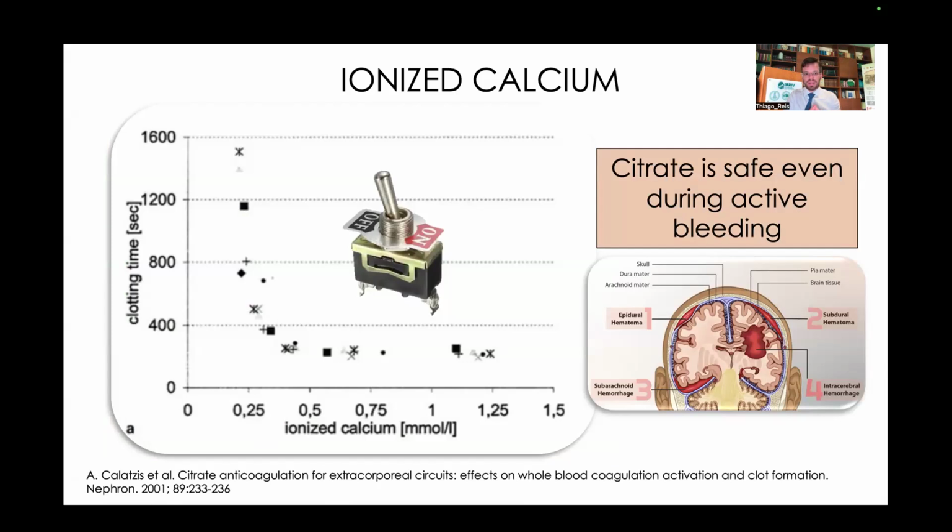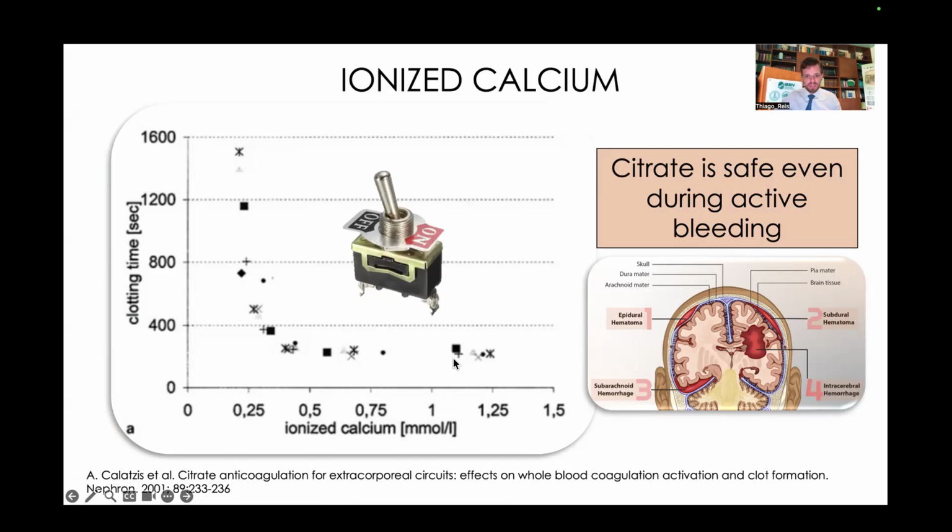Well, the preferred way to anticoagulate those patients is not with heparin, but with citrate. So it's the regional citrate anticoagulation. Briefly, citrate works because it chelates, it binds to calcium ions.